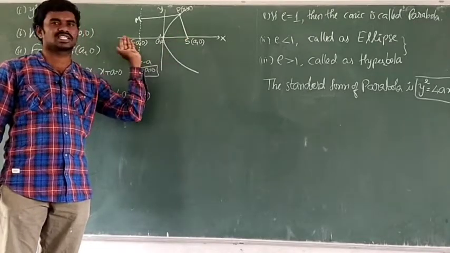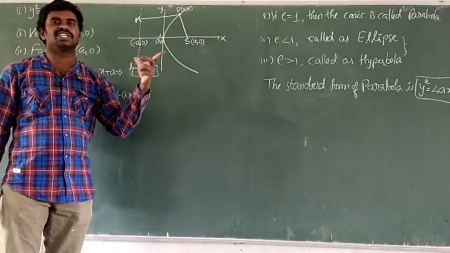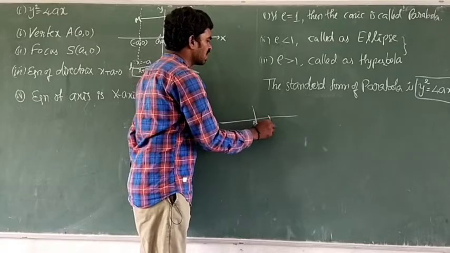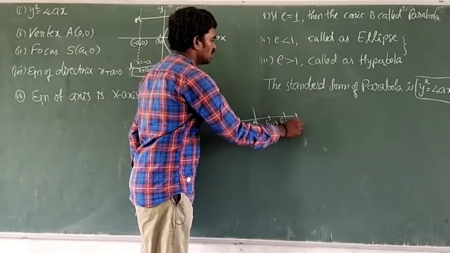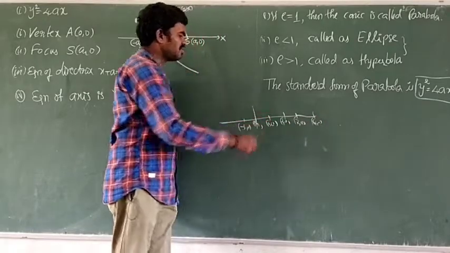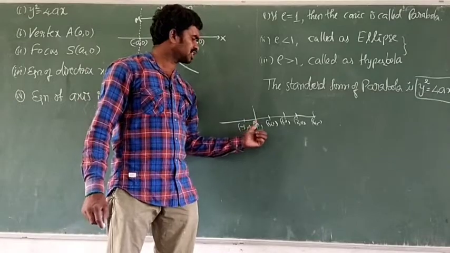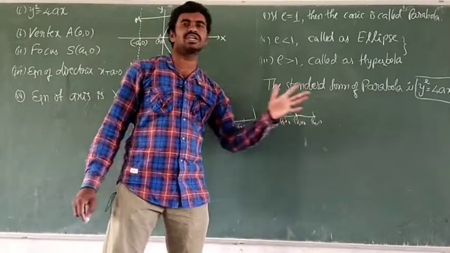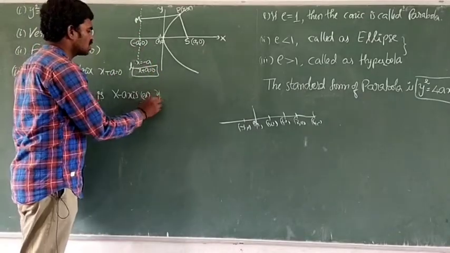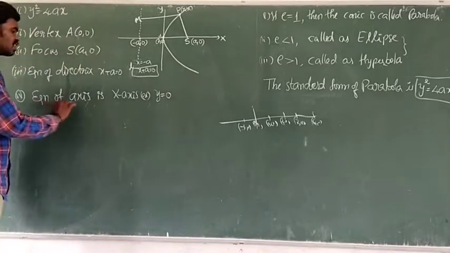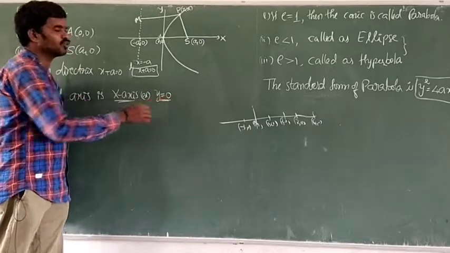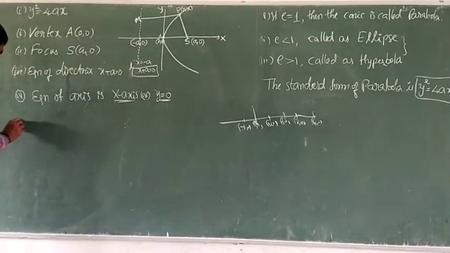On the x axis there are points like 1 comma 0, 2 comma 0, 3 comma 0, 4 comma 0. In every point the y coordinate is 0. That's why the equation of the x axis is y equal to 0. So we can say the equation of the x axis is the x axis, or we can say y equal 0. Both are correct answers.